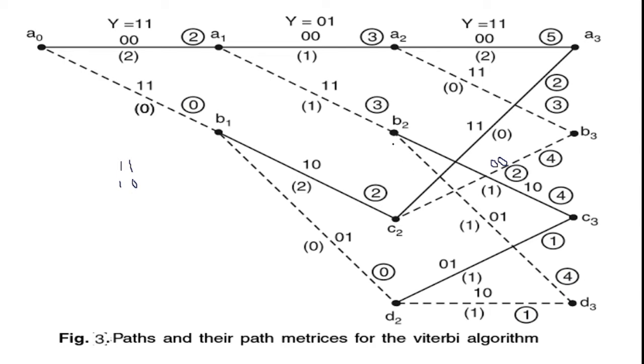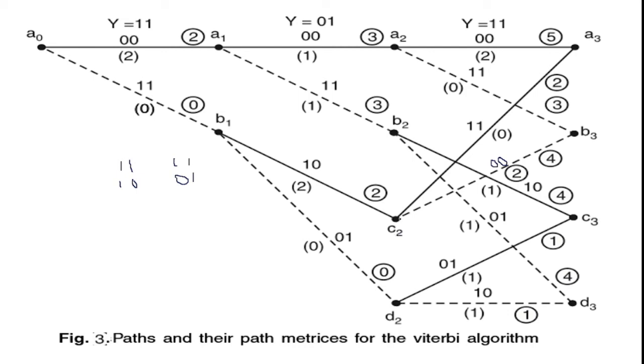And path B2 to D2, the encoded signal is 0 1 and the received signal is 1 1. One element differs, so the branch metric is 1. And next state is C2.